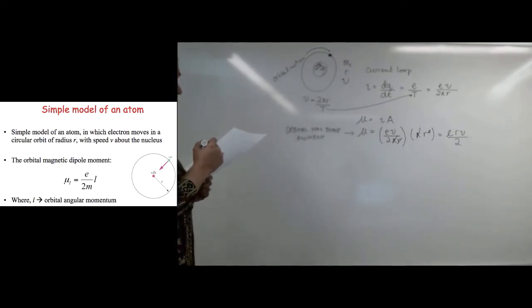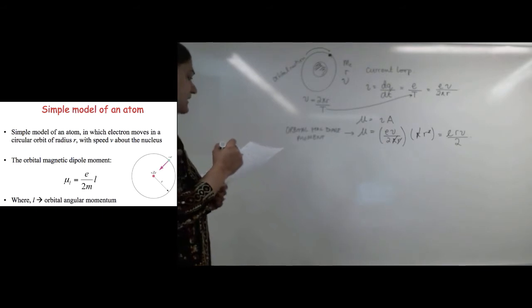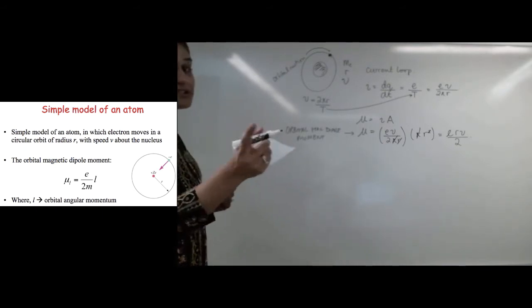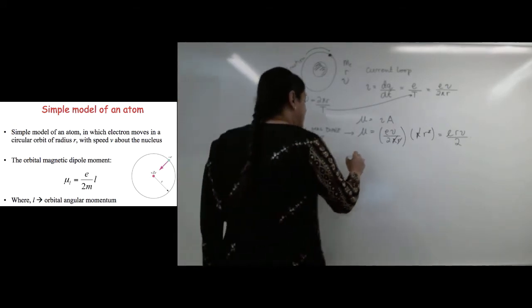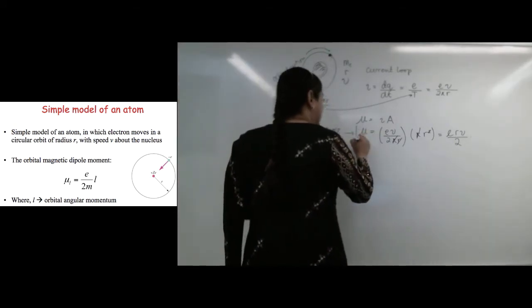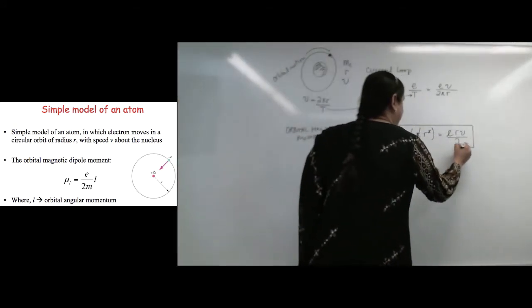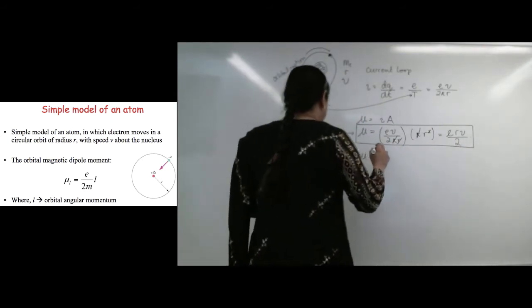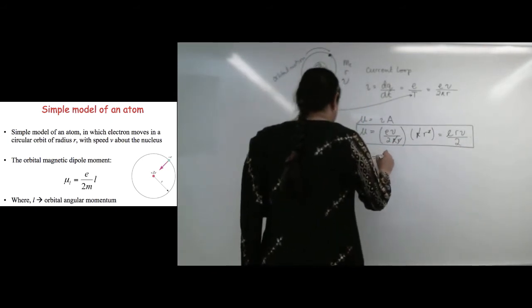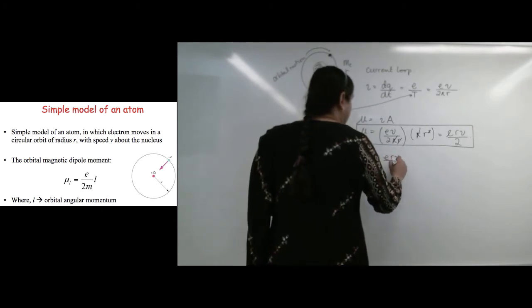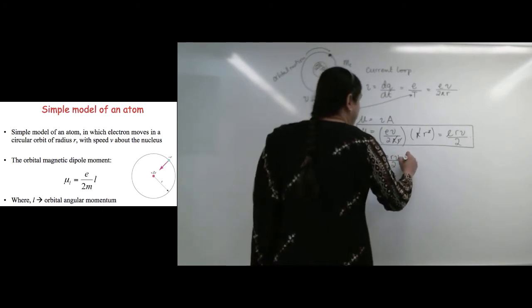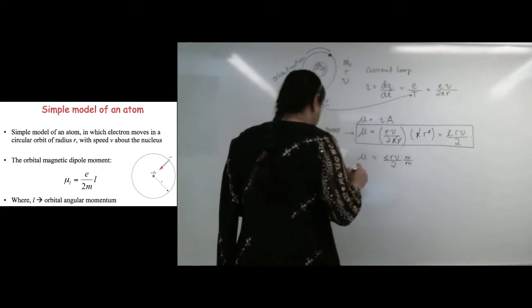Okay. If I wanted to rewrite this orbital magnetic moment, I can write it as eRV over 2, multiplying and dividing by m.